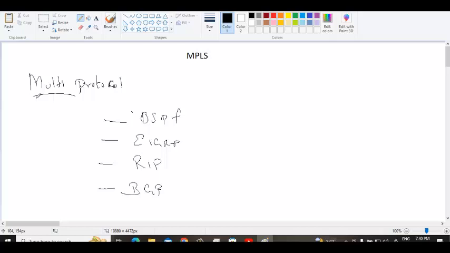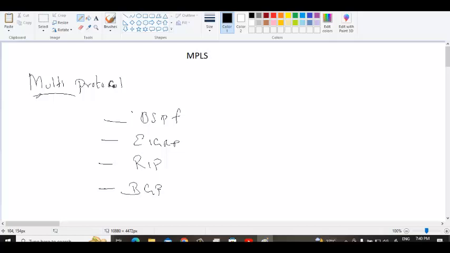What is this? Usually, routing is done based on the destination IP address of the packet. Do you agree or not? So every packet will come with source and destination IP address.